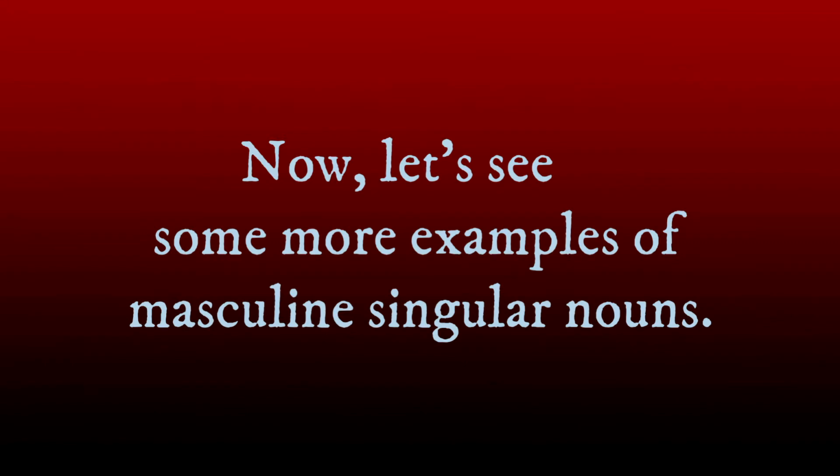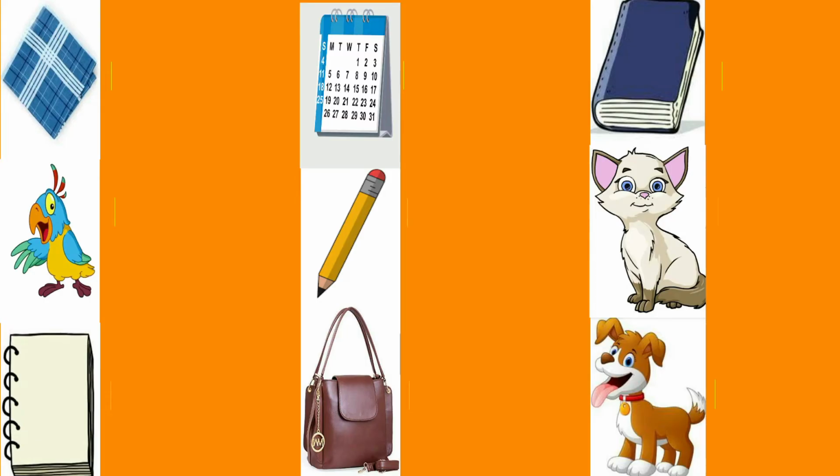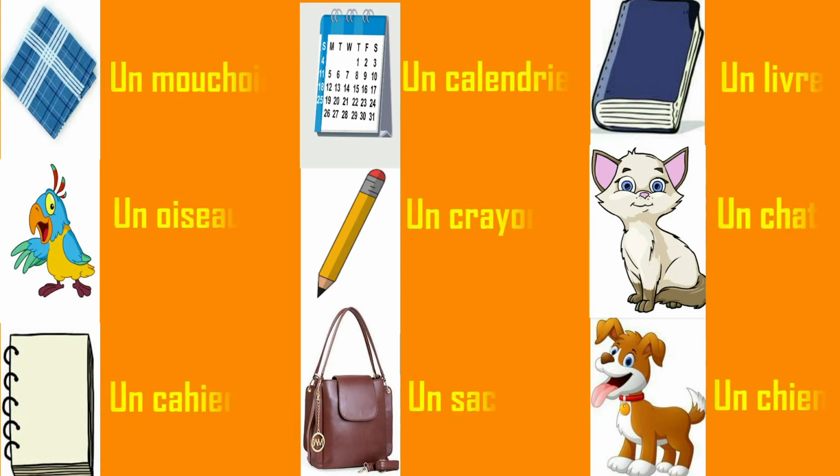In French words, most of the last consonants are silent and vowels are pronounced. First, let's see some examples for masculine singular nouns. Repeat after me. Un mouchoir, a handkerchief. Un oiseau, a bird.